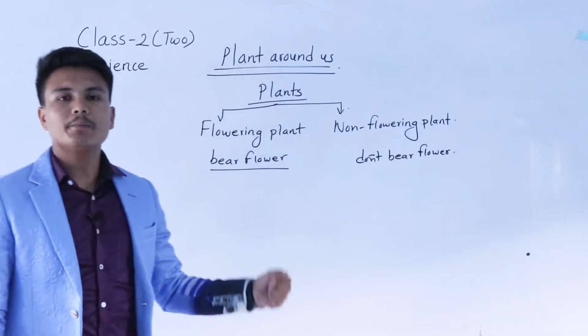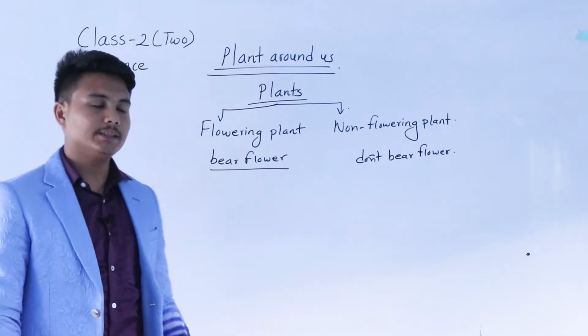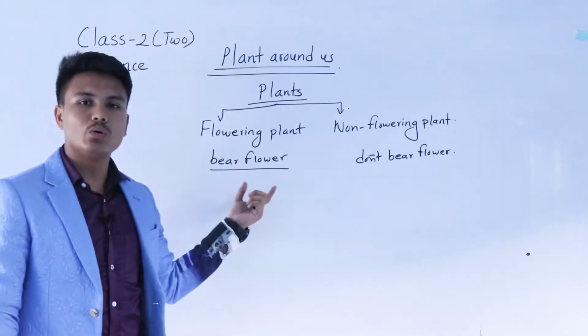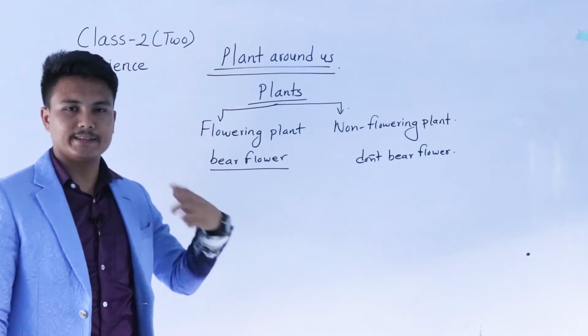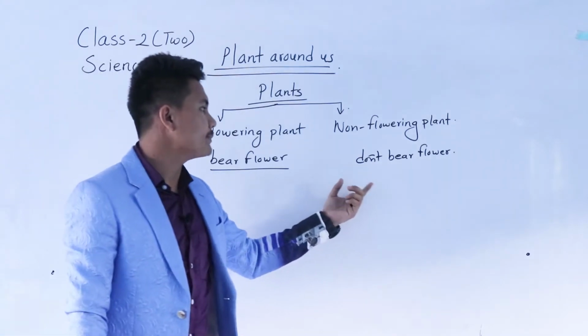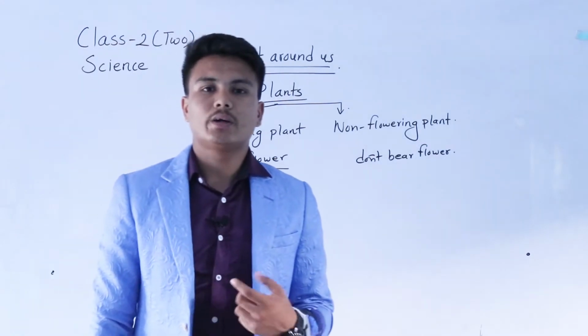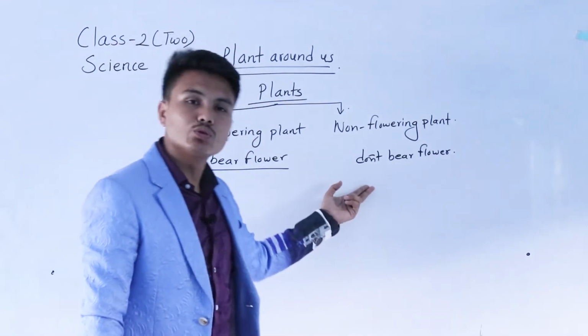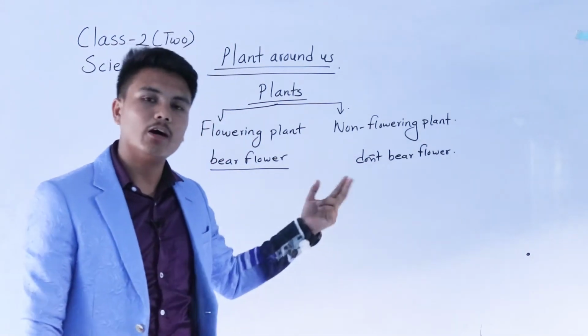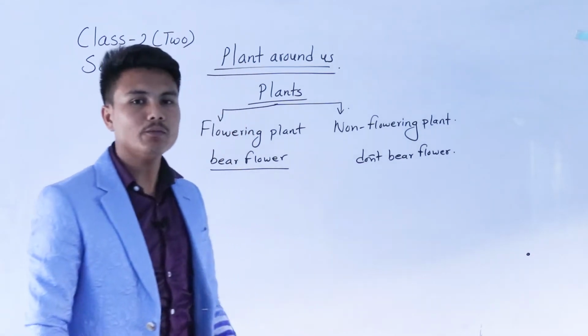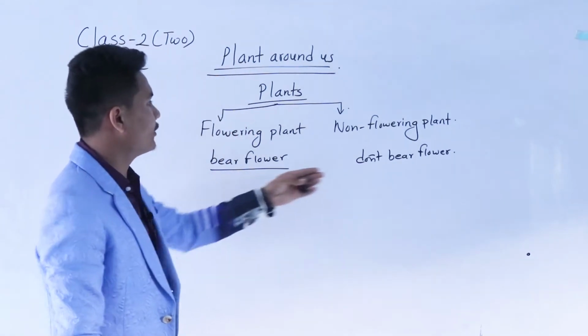There are lots of flowering plants around us, such as marigold, rose, lotus, etc. Non-flowering plants, which do not bear flowers, are such as moss, mushroom, and fern. These are some examples of flowering and non-flowering plants.